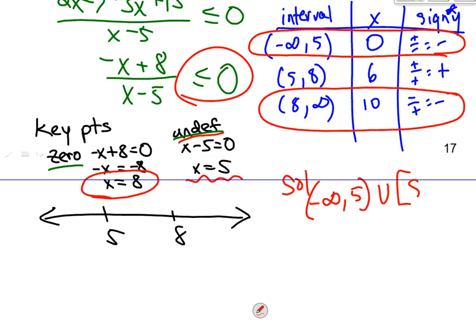Yes. 8 is included because that is a 0. And then on my graph, I'm going to go from negative infinity to 5 with a parenthesis there, and 8, I'm having my bracket there, and then shading that. Oops, kind of didn't go up to my symbols there a little bit.